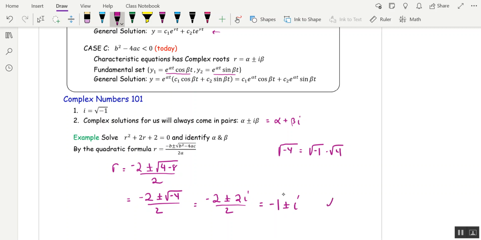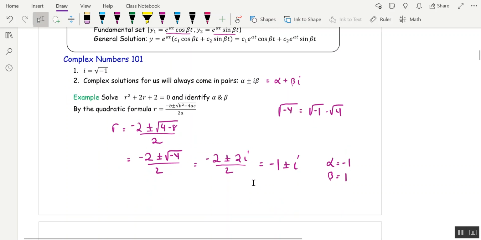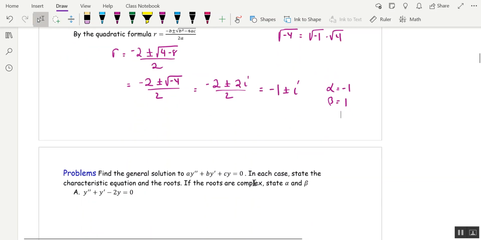So our alpha is -1 and our beta is 1. That's all you need to know to solve these problems. You need to know alpha and beta and how to simplify a square root. Okay, so let's jump in and do some differential equations.